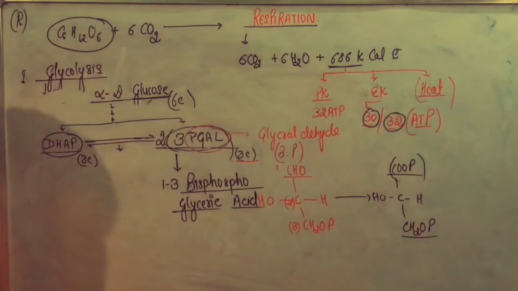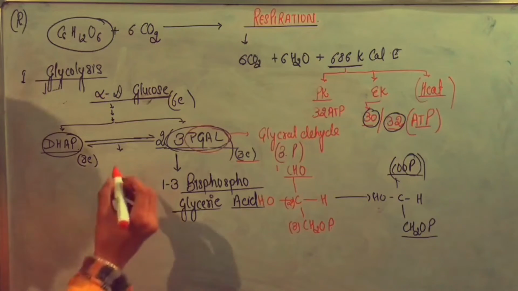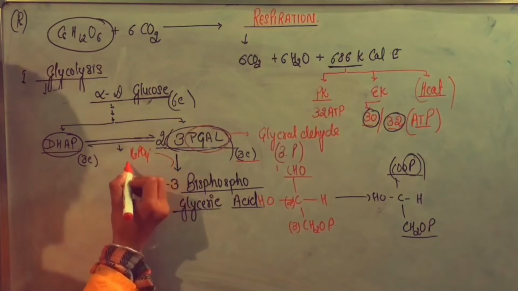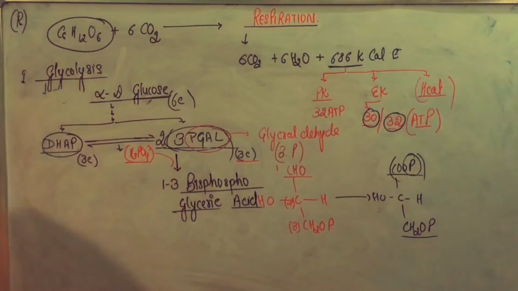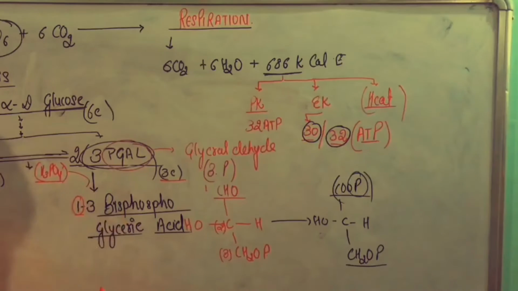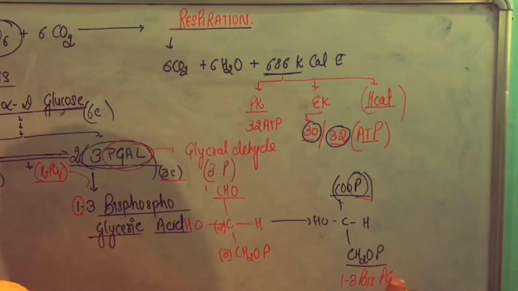First position as well as on third position there is no phosphate group. Now during this conversion, inorganic phosphate is not provided by ATP, it is provided by H3PO4 negative, which acts as a phosphate donor and forms 1,3-bisphosphoglyceric acid. Here on the first position, the phosphate group is attached to form 1,3-bisphosphoglyceric acid.